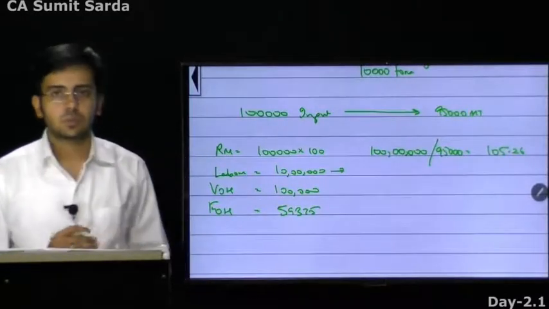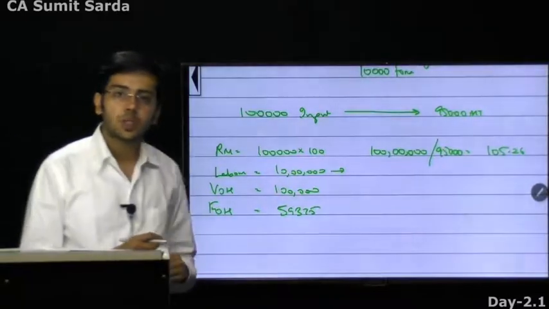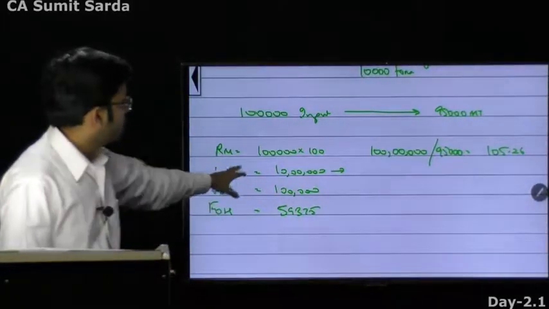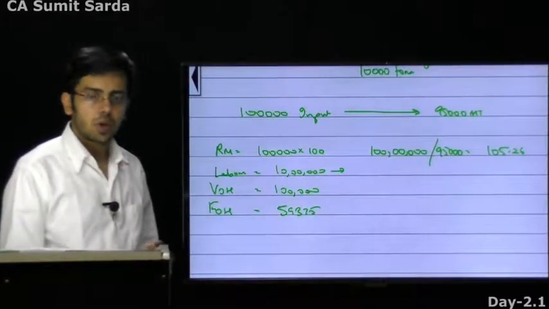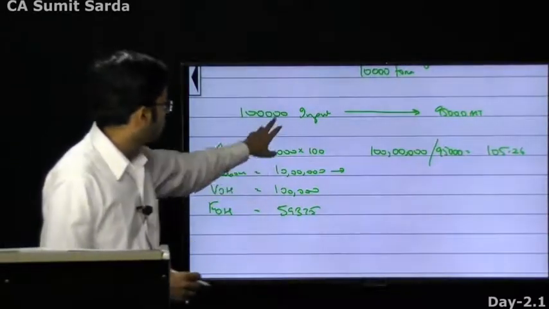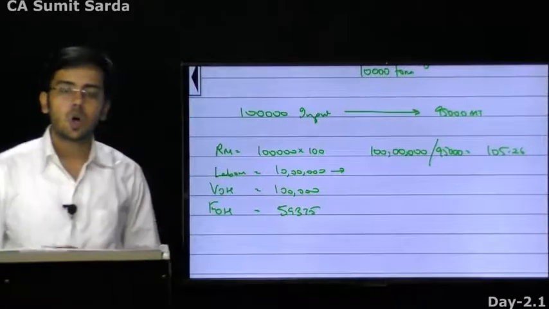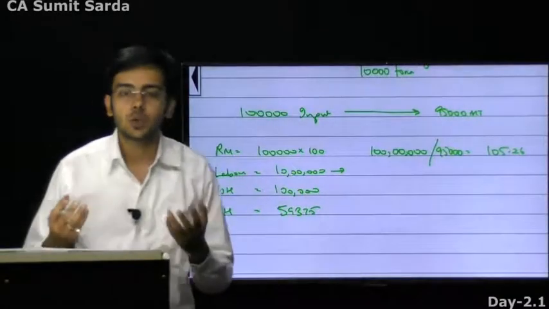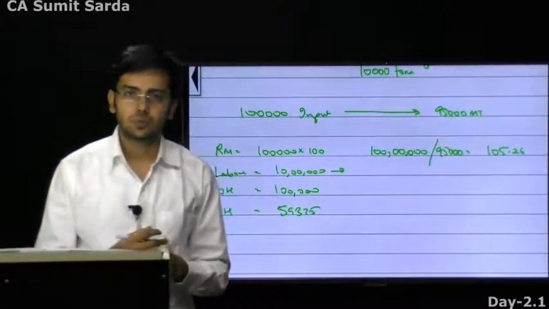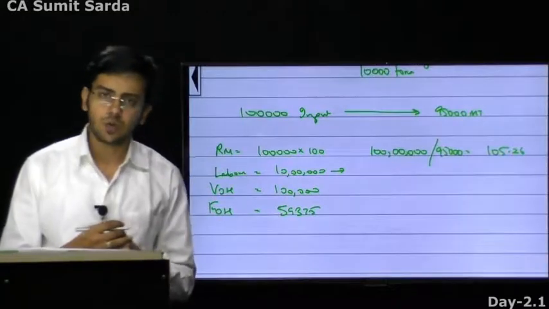Labor. Now tell me, for how many units have the labor worked? Have they worked for 95,000 units? Or on the 1 lakh units that were entered as input? Or only on the 85,000 units that turned out to be the output? Most of you will say, sir, 85,000.